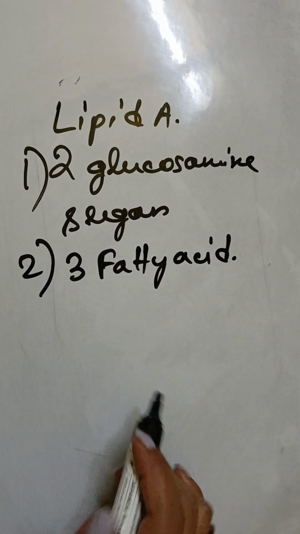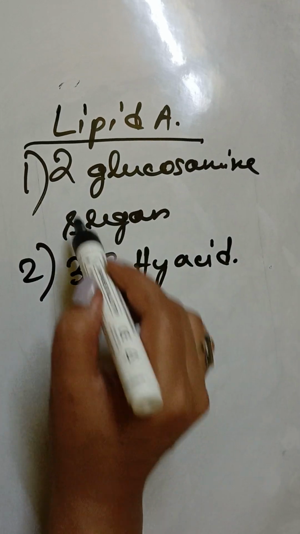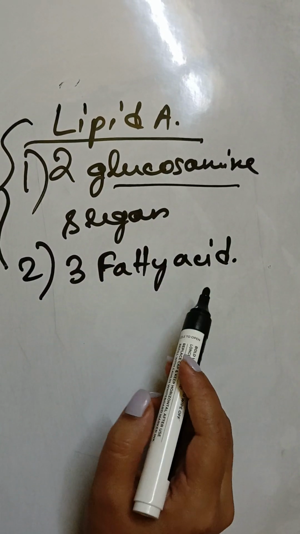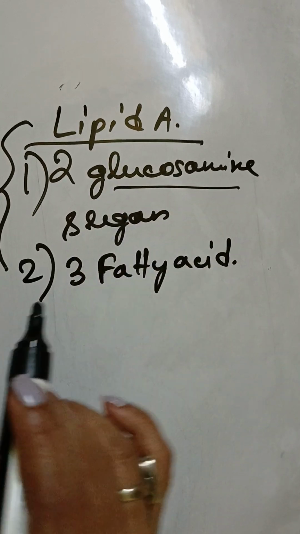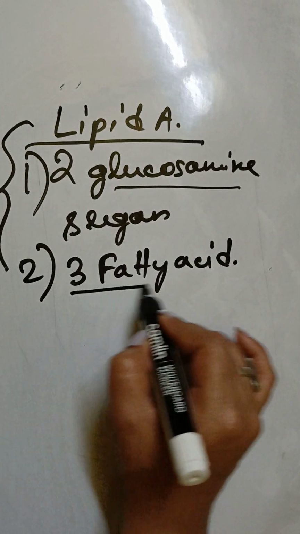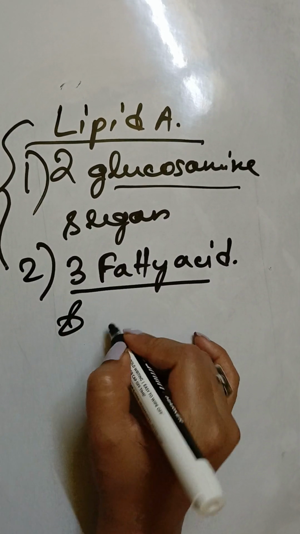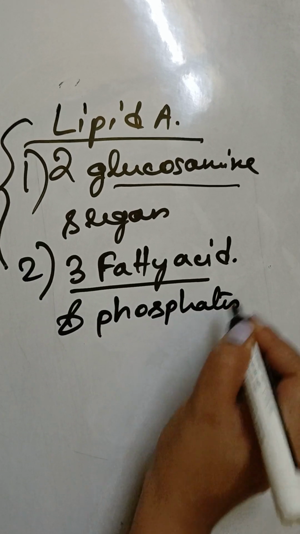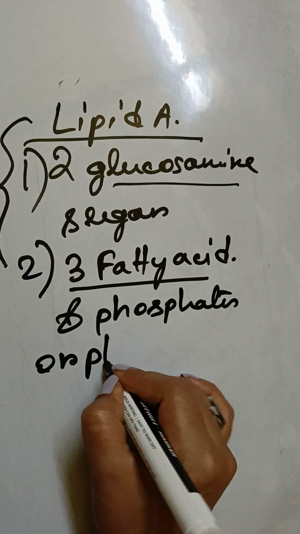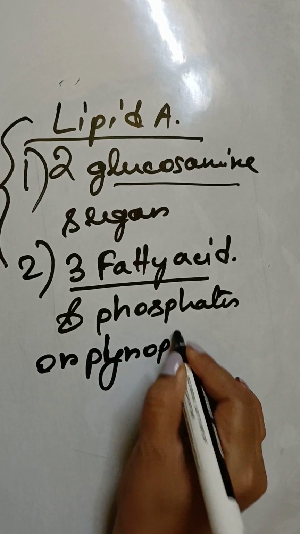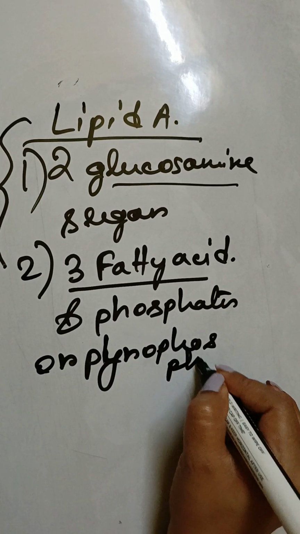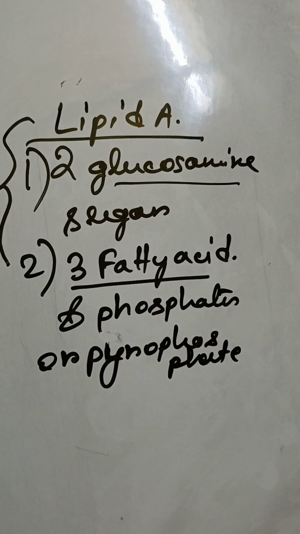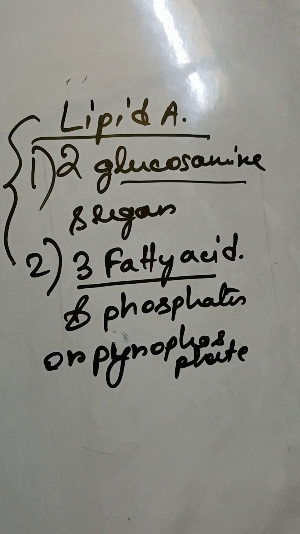It is very important. The lipid A contains 2 sugar moieties, which are the glucosamines, and each of the sugar moieties contains 3 fatty acids and phosphates or pyrophosphates. So this is the structure of lipid A.